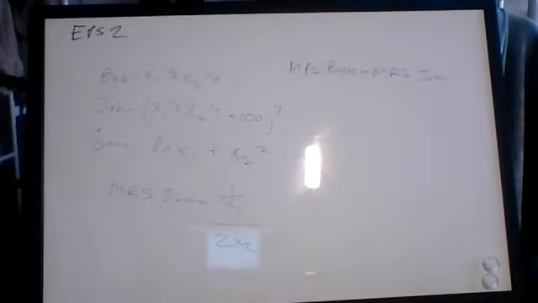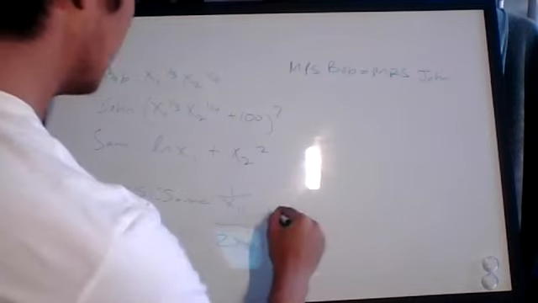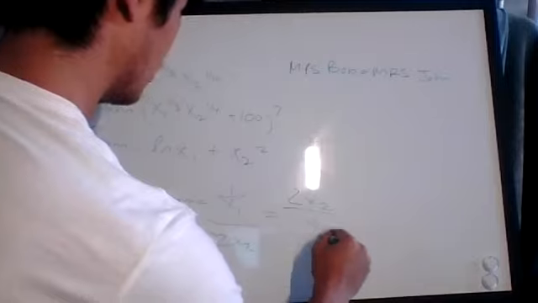And so what you can do right here is multiply through by 2x2, so this can be simplified to 2x2 over x1, right?